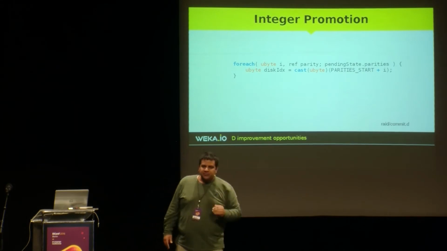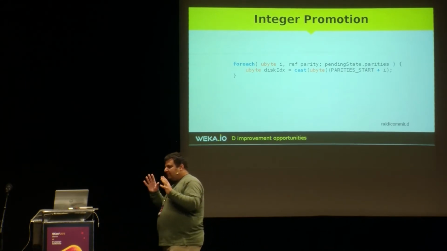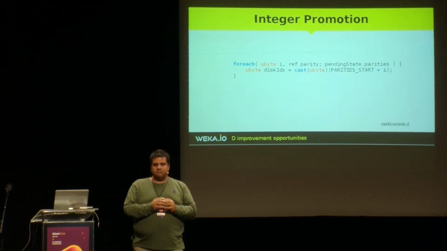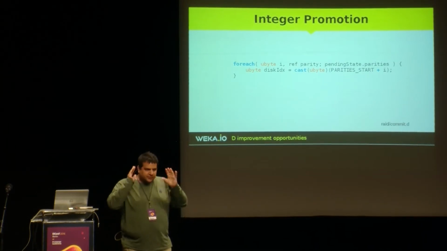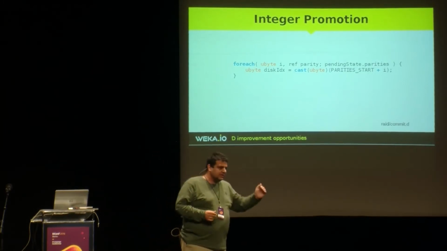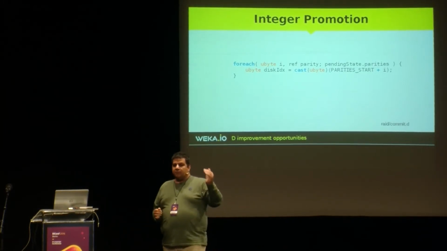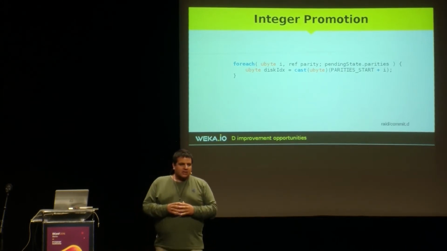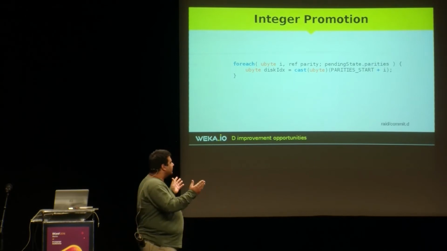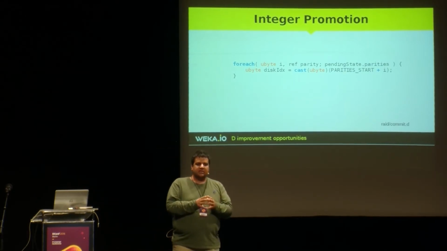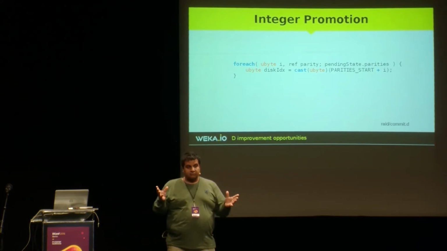And the reason we have to put the cast there is because D made two very, very reasonable design decisions. And each of them is very reasonable. One is to say that any legal C expression that compiles in D has the exact same semantics. And when you add two integers of smaller scale in C, you get an int.